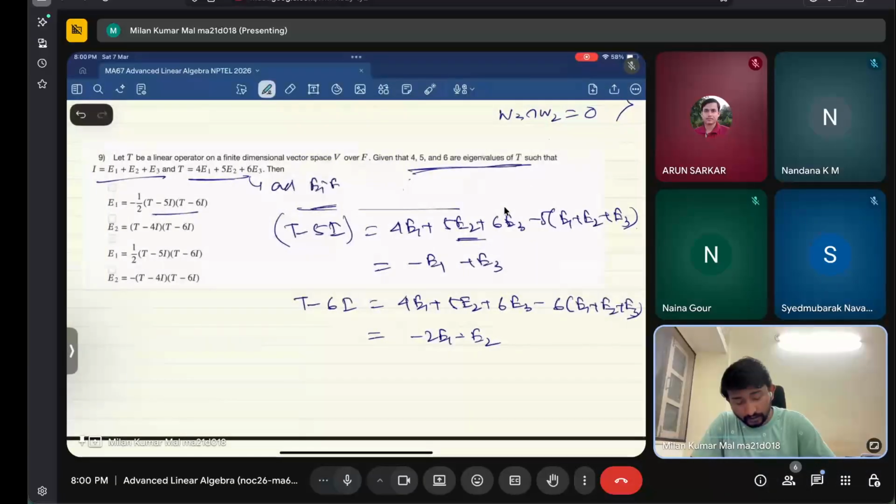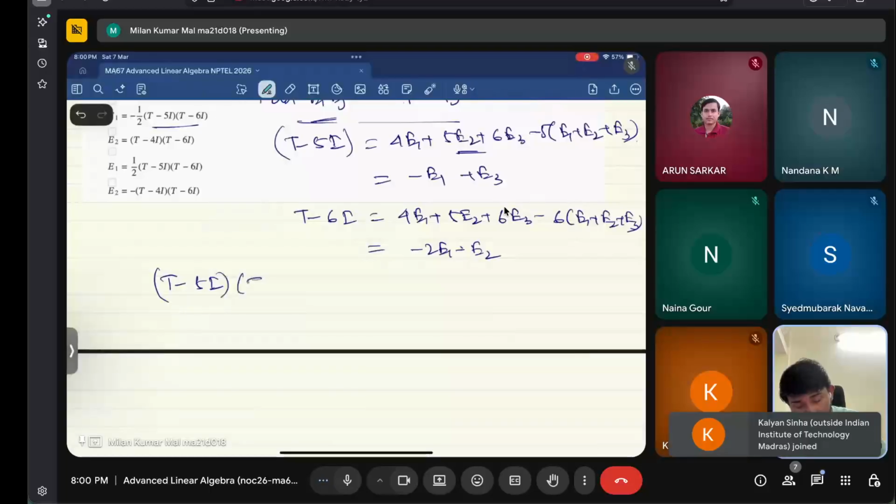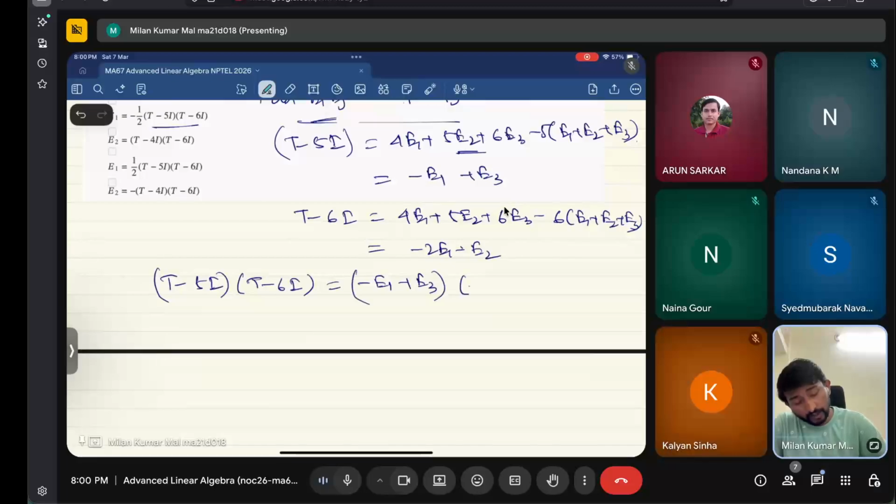And EiEj equals 0 if i not equal to j. So now let me calculate the product of T minus 5I and T minus 6I. It will be (minus E1 plus E3) times (minus 2E1 minus E2).